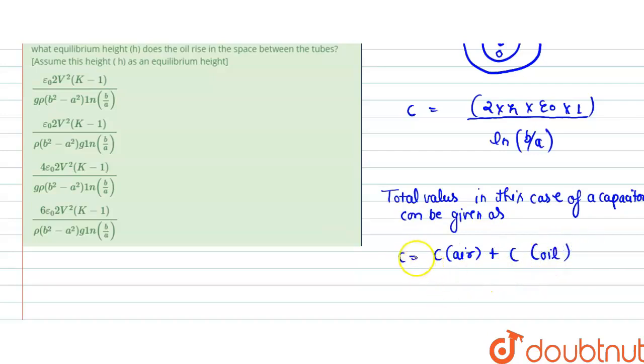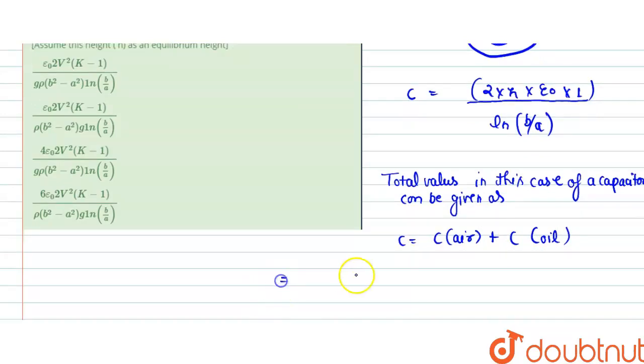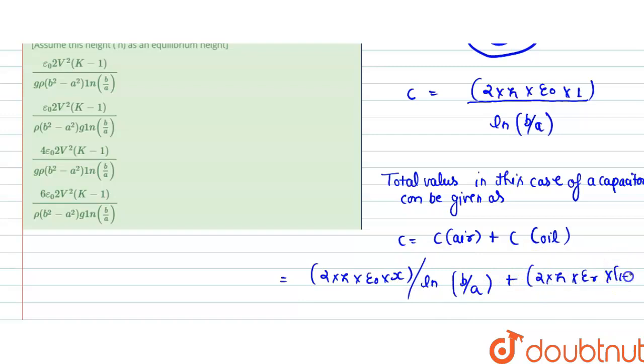That is the total capacitance. We put the values and we get 2 pi epsilon naught into x, whole divided by ln B by A, plus 2 pi epsilon R into (1 minus x), whole divided by ln B by A.